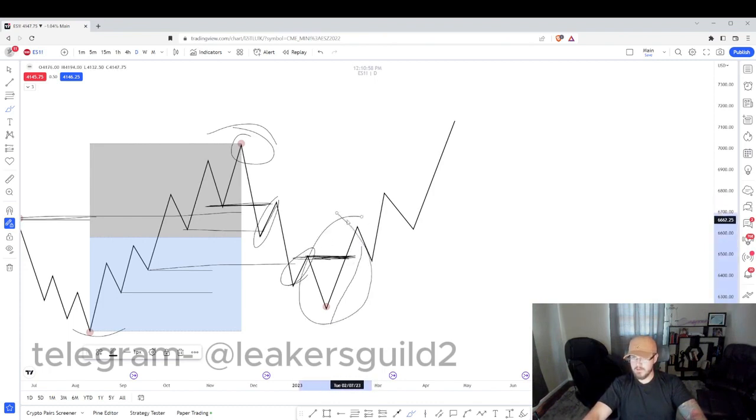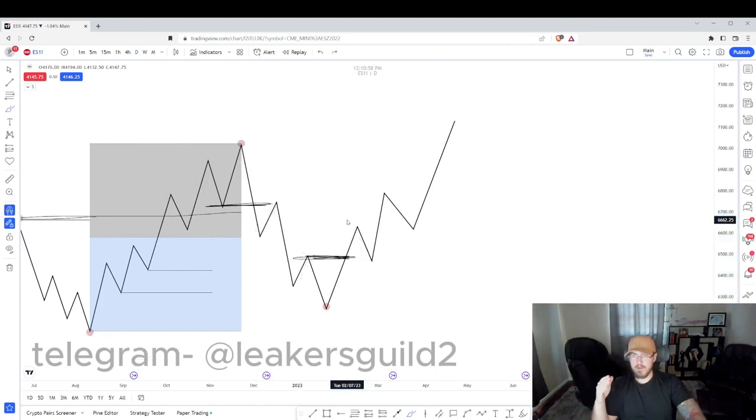That right there is the market showing its hand. That's why I want you to think of that as a market structure shift, change of character, whatever. But one thing that I have learned from trading this price action for quite a long time now, and a lot of different pairs, displacement is everything. Without displacement, you don't have anything.